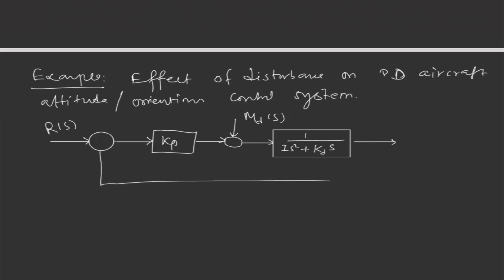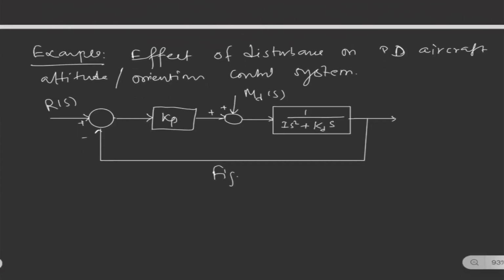Here the signs are negative, positive and positive. So this is the closed loop control system. Let me define this as figure 1, and we have to find the effect of disturbance MD of S on the steady state error in the system.